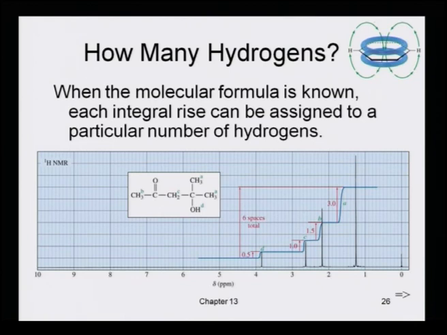If one is showing 0.5, the other 1, the third 1.5 and the last one 3, that means they appear in that proportion. So the total number of hydrogens or protons can be calculated for a molecular formula very easily.